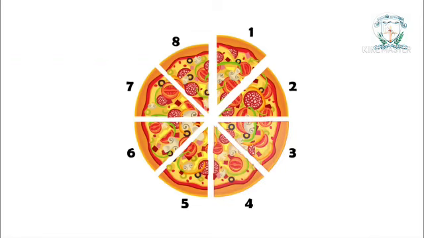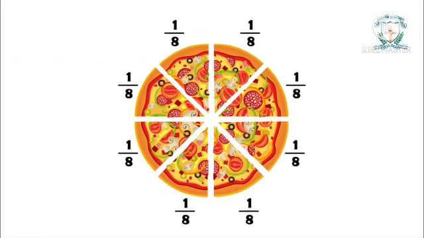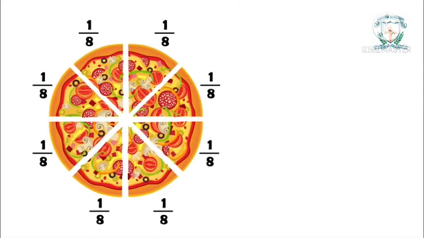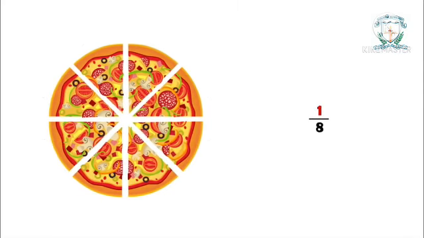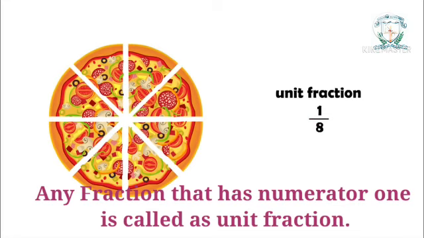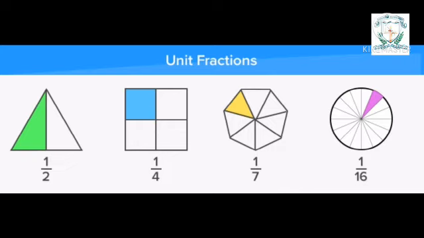So each slice can be represented by the fraction 1 by 8 or 1/8. Any fraction that has numerator 1 is called a unit fraction. In this example, the unit fraction is 1 by 8. 1 by 2, 1 by 4, 1 by 7 and 1 by 16 are a few examples of unit fractions.